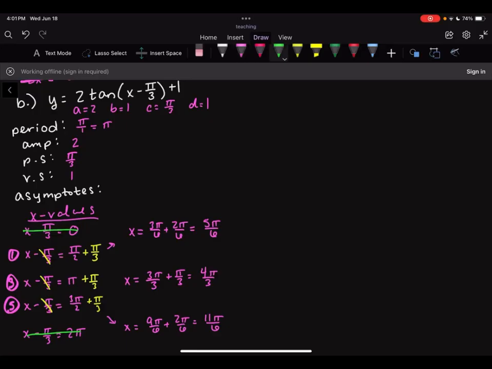Now I need my in between ones. So I need one here, my second one, and technically a fourth one here. So for this, I'm going to add my two together. So 5 pi over 6 plus 4 pi over 3. And then I'm going to divide it by 2. So I'm finding the middle between these two.